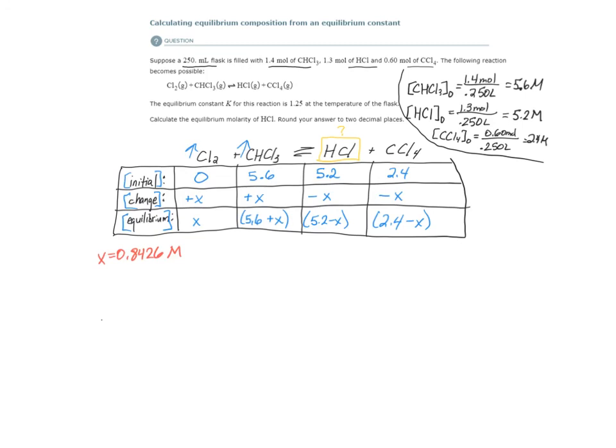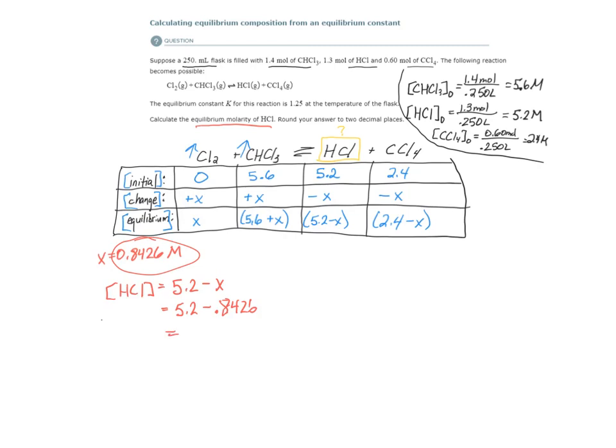Okay, so now that we have that, we can find the equilibrium concentration of any one of these substances. Now, what they've asked us to find is the equilibrium concentration of HCl. So that is equal to 5.2 minus X, which we found to be 0.8426.